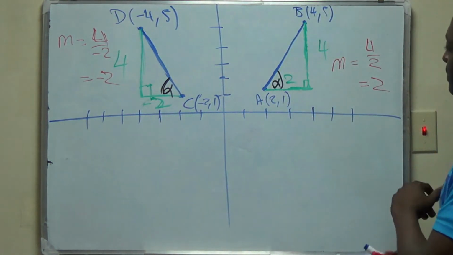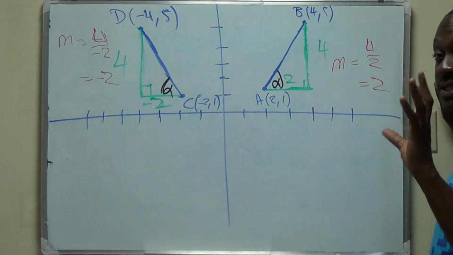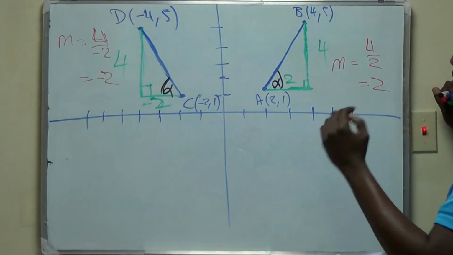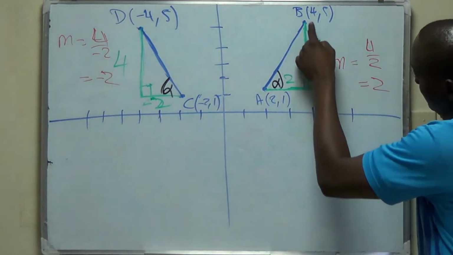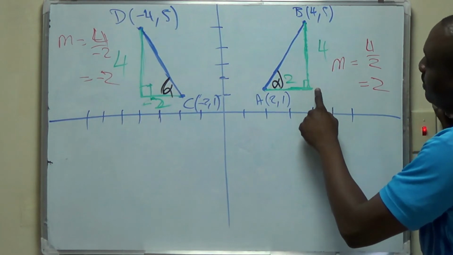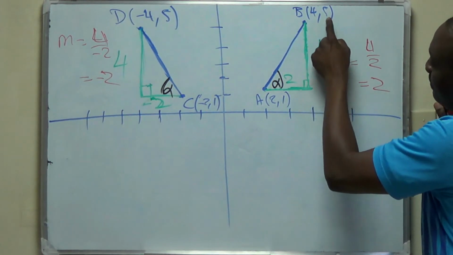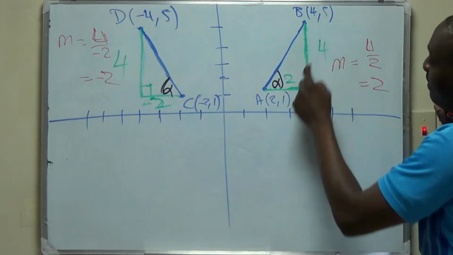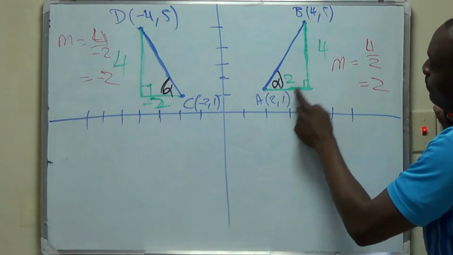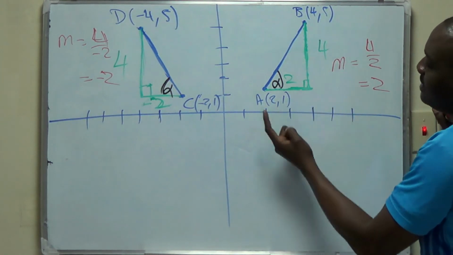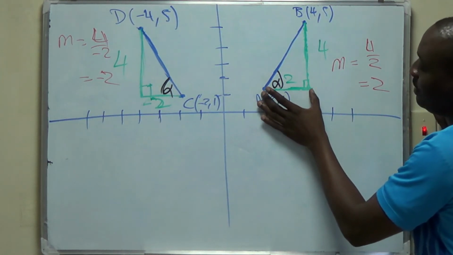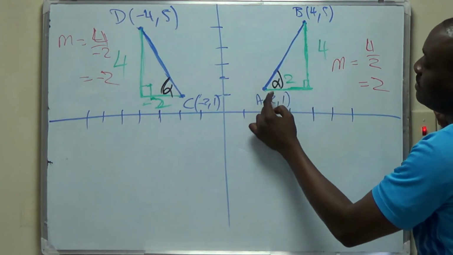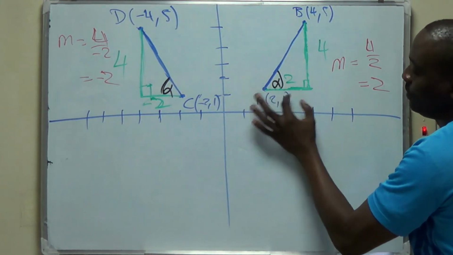So notice that just as we did in the situation where we were finding the length of the line, we know that this distance here is the same as the difference in the y coordinates, right? So this 5 minus this one will give you this 4 here. And similarly, this distance here is the difference in the x coordinates. This 4 minus this 2 will give you this 2 across here.